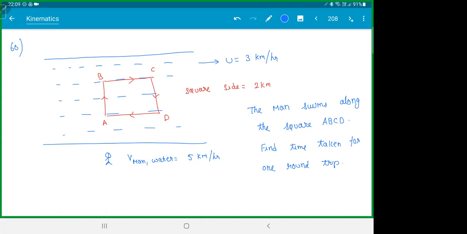So you made a square path, and this guy is literally swimming along ABCD. If you put a GPS, you will see a square on that river path. Find the time taken for him to make one full round trip ABCD. Try.